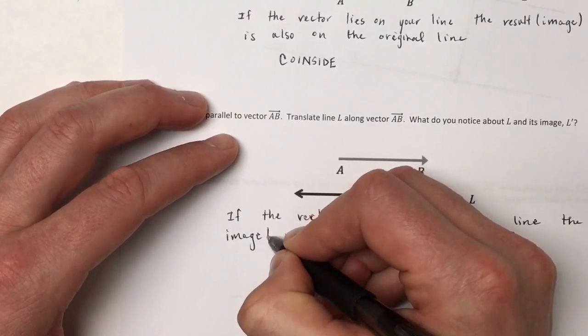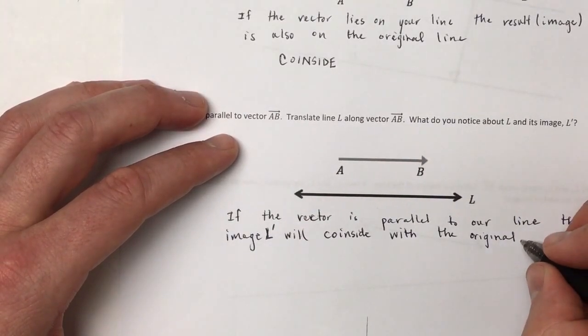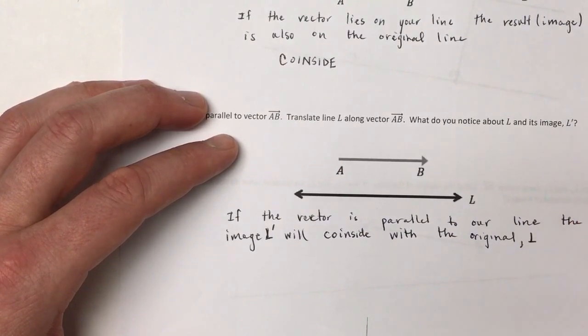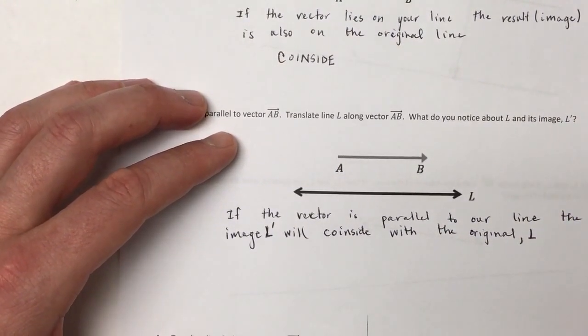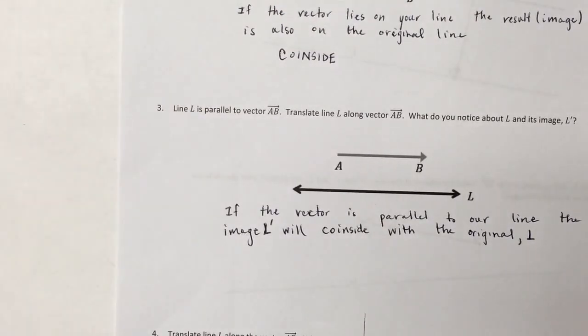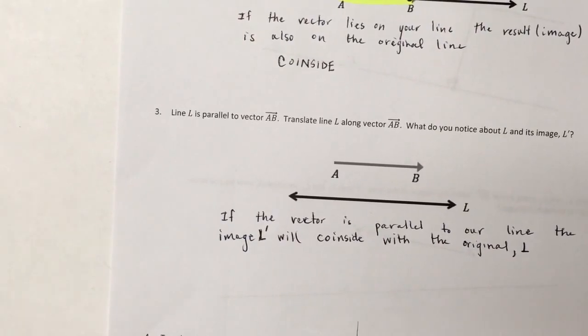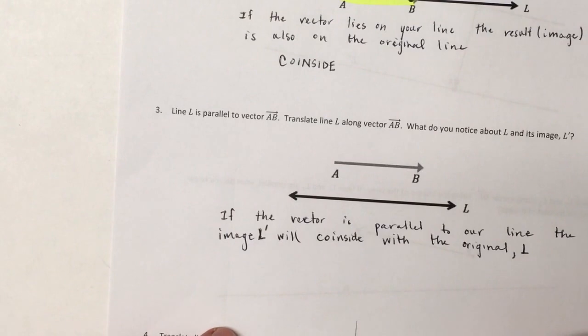And our image is really L prime. And the original is L. All right. So right here, it says translate line L along the vector AB.